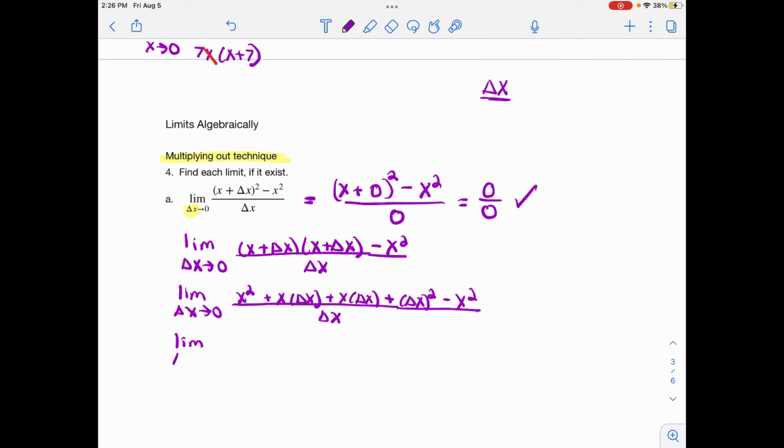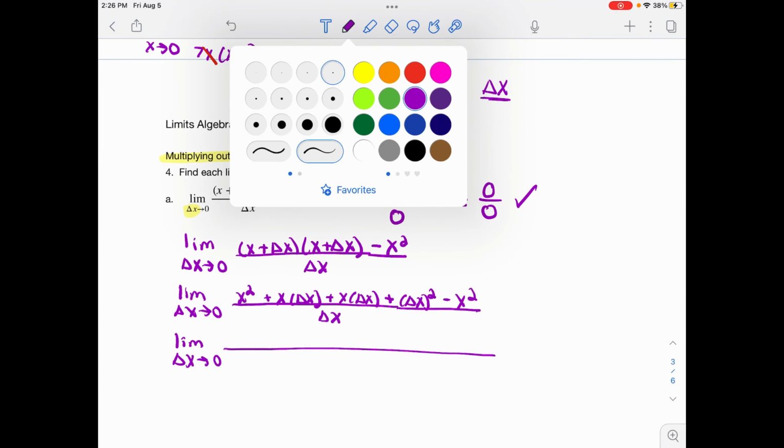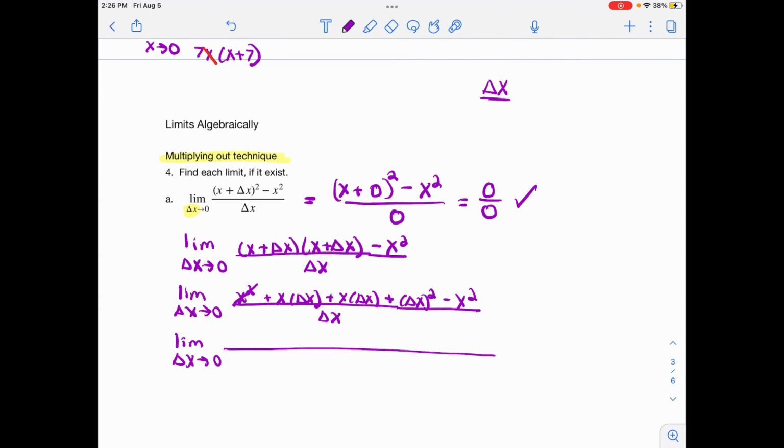Let me do some simplifying algebra here. This x squared and this x squared cancel out. I can combine these two terms together to get 2x times delta x plus delta x squared over delta x.